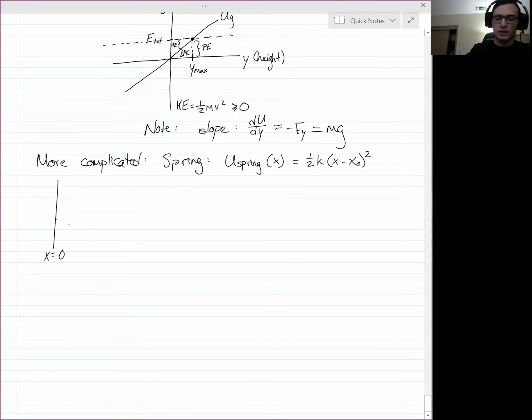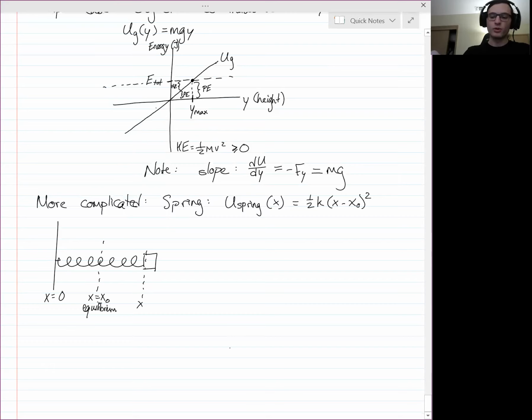We have our spring with our mass attached. Maybe this is x equals x naught, and then maybe here is just x. At x equals x naught, we expect our object to be in equilibrium. All right, so let's graph this. We can just explicitly graph this function. We know it'll look like a parabola.